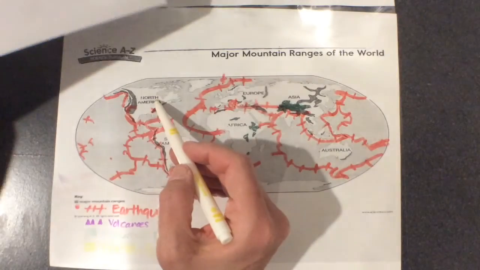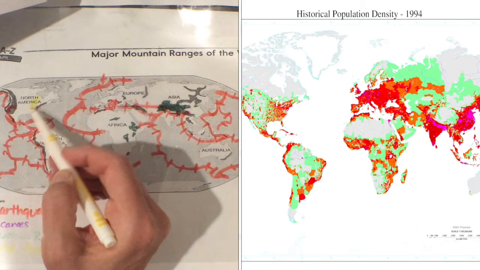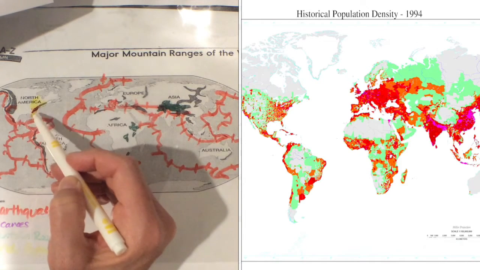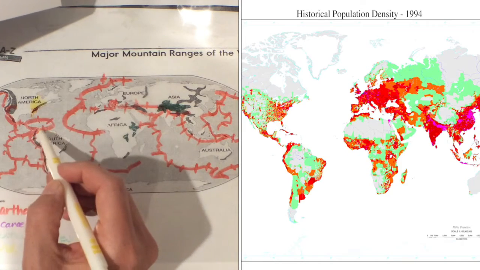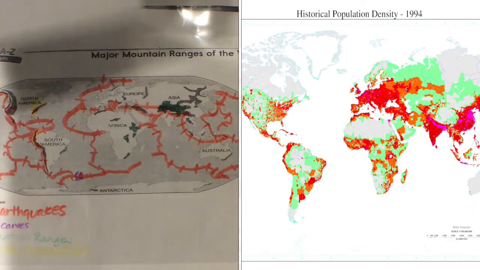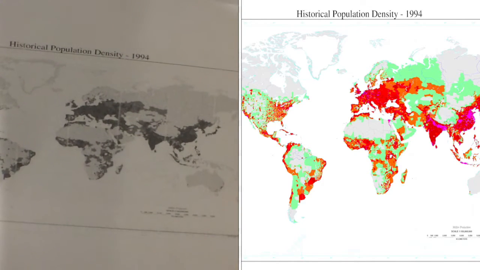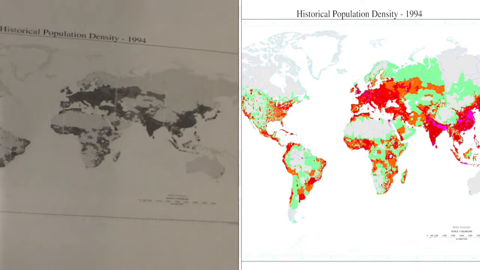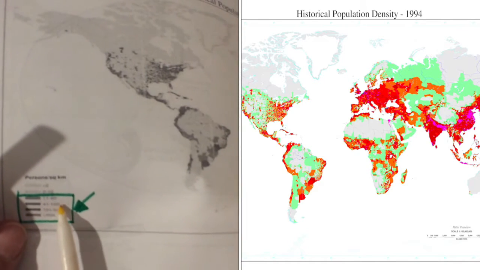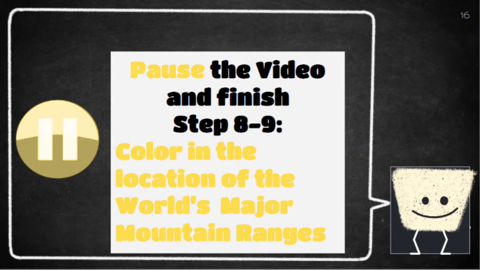So if we were in the Northeast, I might just color in all over in here, down here. And then I might go over to South America and color in over here. So you're going to try to do the best that you can to eyeball where the world population is the densest. So that means, again, remember, it means more than 11 people per square kilometer. Hit pause, and I'll see you back in a moment for our final step of our map.